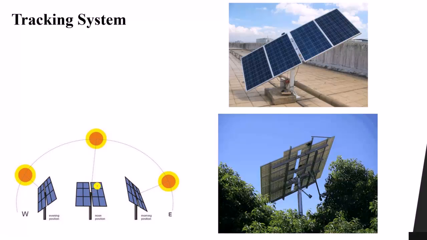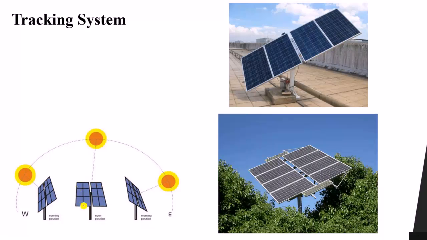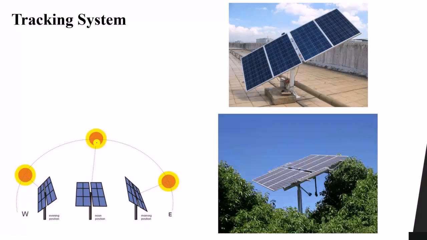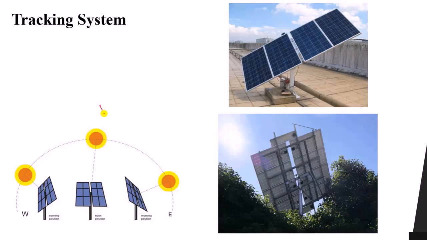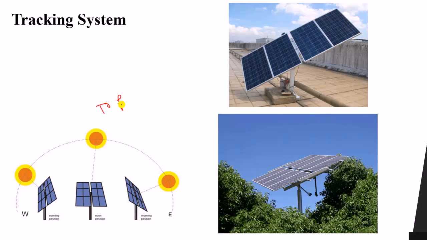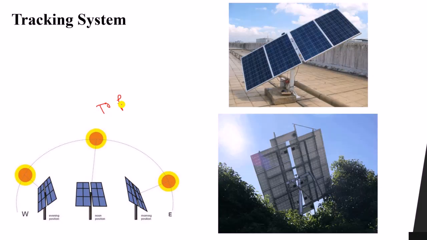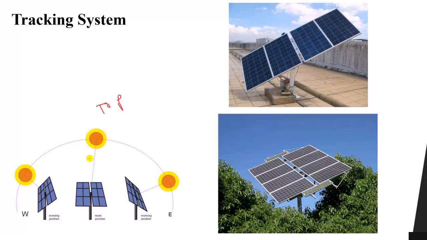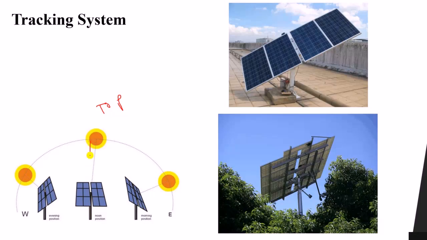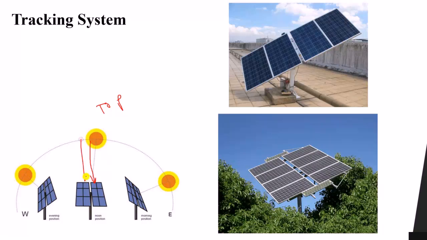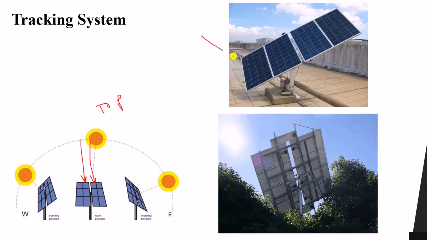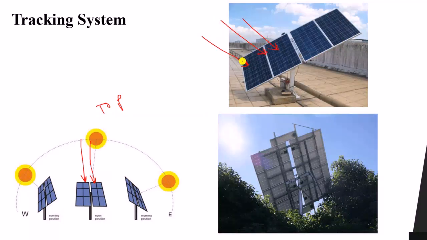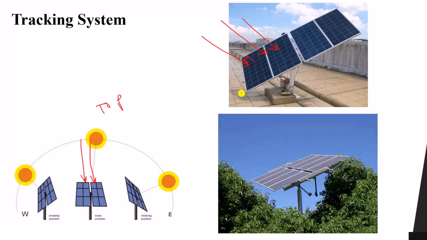If you look at the PV panel here, what we would like to do in order to produce the maximum possible power is that the sun rays should be perpendicular on the PV panels, all forming 90 degrees with the surface of the panel.